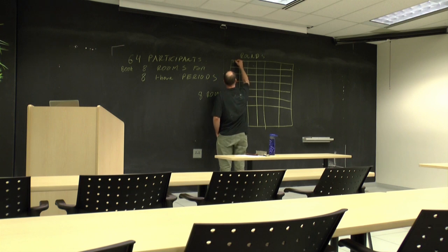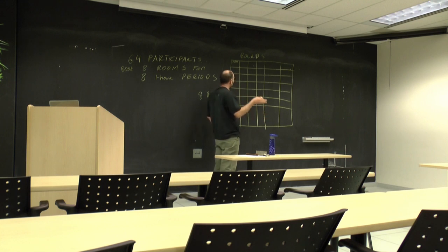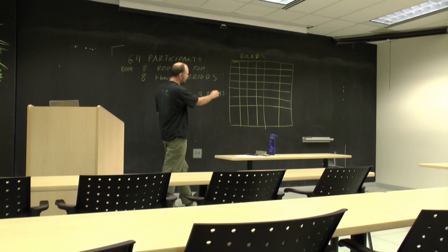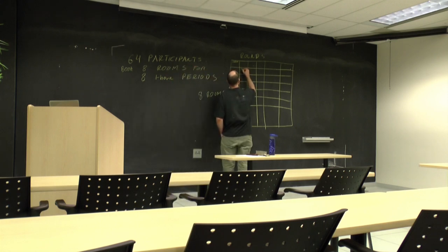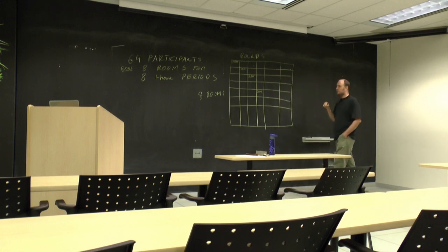So if Sam is in room 1 in round 1, he can never be in the same room again, because we want to get Sam's proficiency at 8 different games. So maybe in round 2, we put Sam in room 2, and then maybe we do something strange, like in round 4, we put him in room 5.